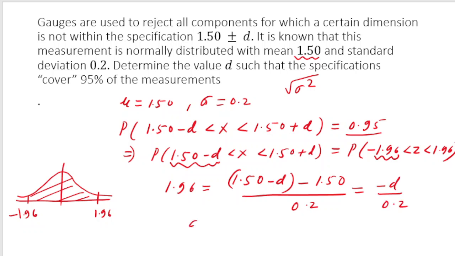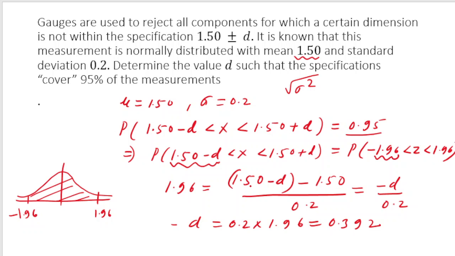So minus d is equal to 0.2 into 1.96, and that value will be 0.392. They are asking what is the value of d. There is a small confusion here.